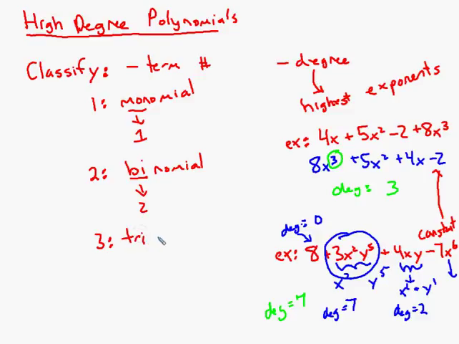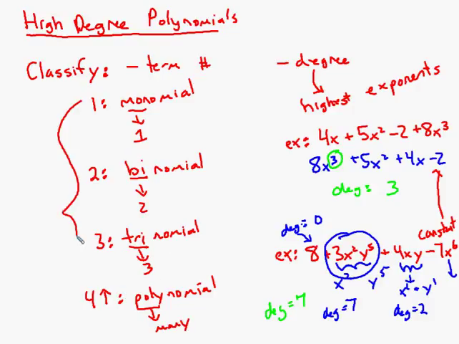That's a trinomial. Tri meaning 3. Now anything more than that, while we could have quad and I don't know if we even say pentanomial, but anything higher, 4 or up, we're just going to call polynomial. That'll just be our thing, polynomial. Poly meaning many. We have lots of terms. Now, technically, all of these are polynomials.